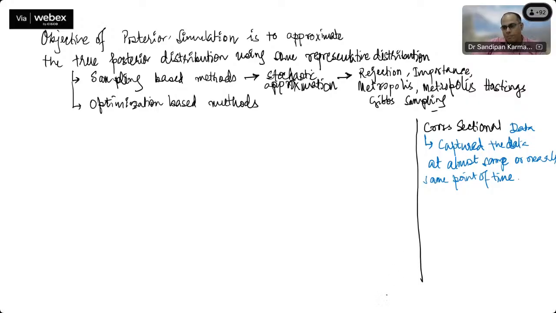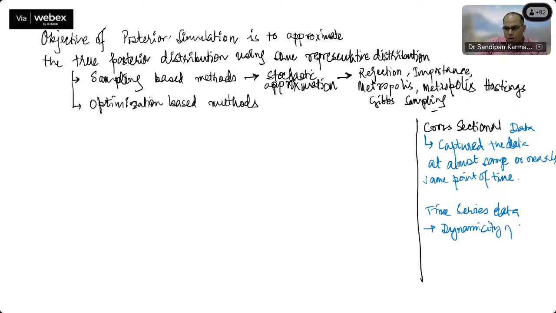So in the case of cross-sectional data, it is assumed that the data has been captured at almost the same point of time. In time series data, the dynamicity of the data is considered.